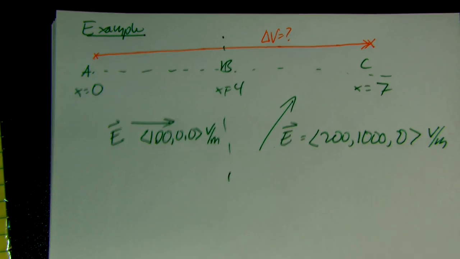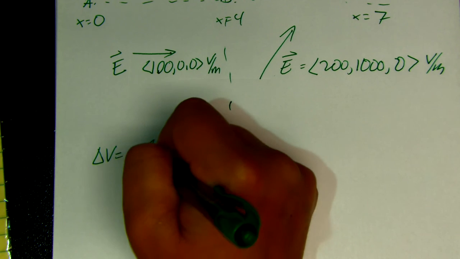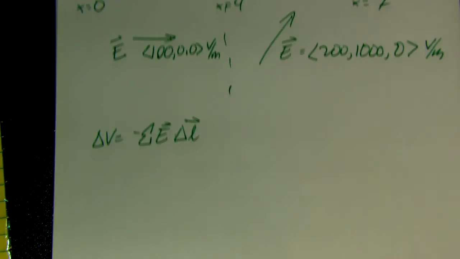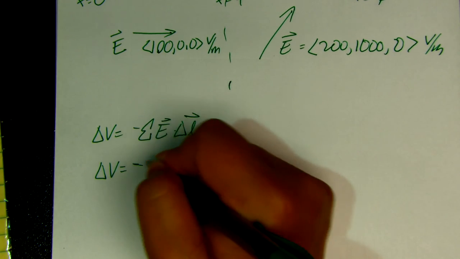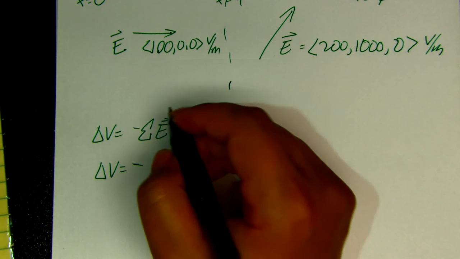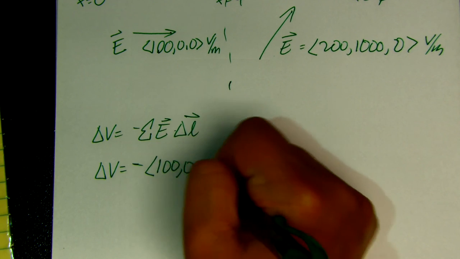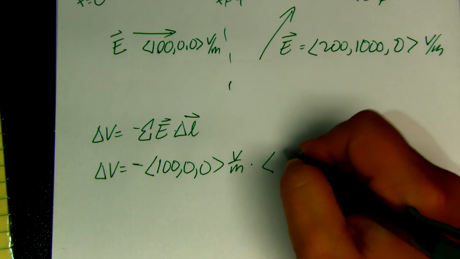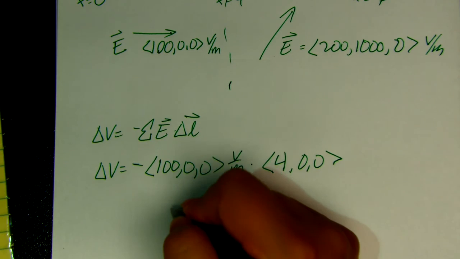Okay, so we know that delta V is equal to minus the sum of E dot dl. So for the first chunk, we've got minus (100, 0, 0) volts per meter, dotted with displacement, which is just going to be (4, 0, 0).